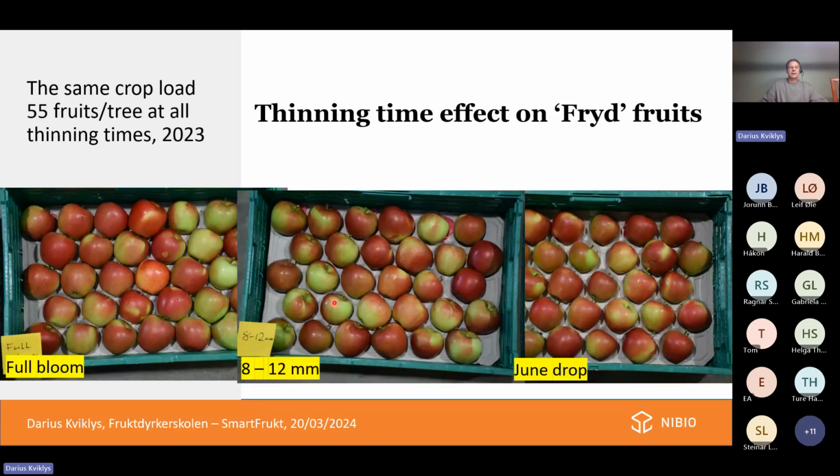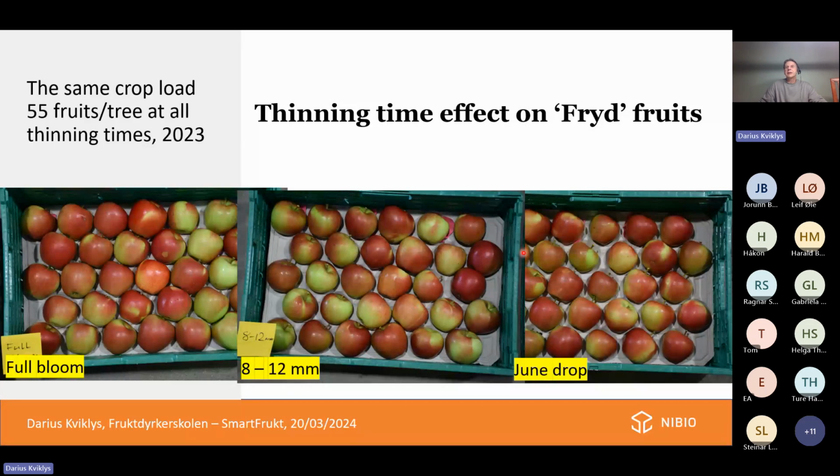Very similar results we got in 23 with fruit. We maintained 55 fruits per tree at all thinning times, and it was done during full bloom, at 8-12 millimeter fruitlet stage, and at June drop. We can see that the largest fruits we got if we thin very early, and fruit size decreases if we do thinning later.